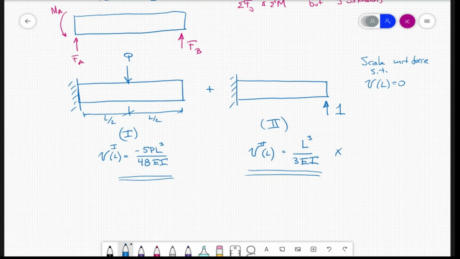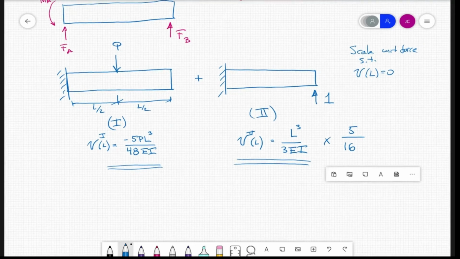So it's 5 over 12, right? No, 5 over 4. Oh, sorry, 16, I believe. 5 over 16, right? Okay, so that means that really this whole second case needs to be multiplied by 5 over 16, okay?